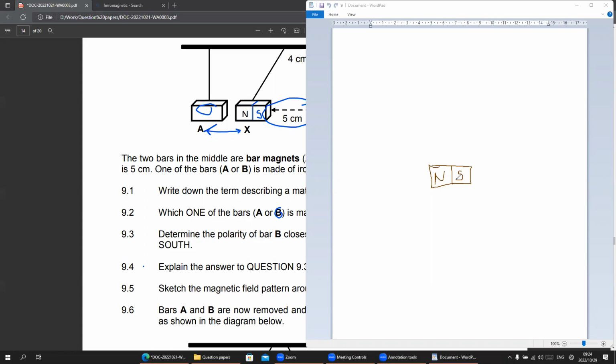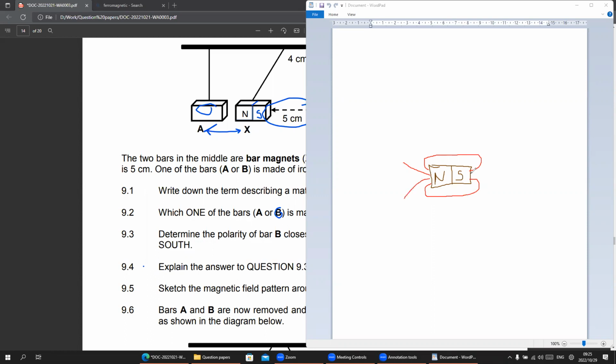Okay. And of course, it's going to be from north to south. Let me just use this red one, so it's going to be something like this. Then you're going to have two coming out here.